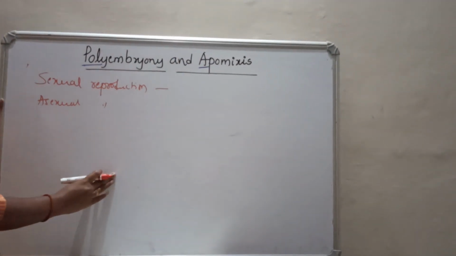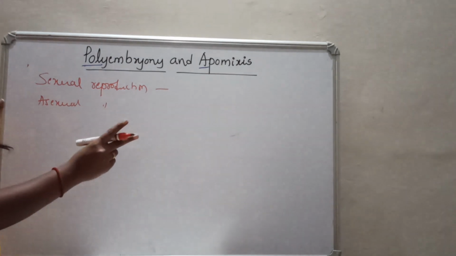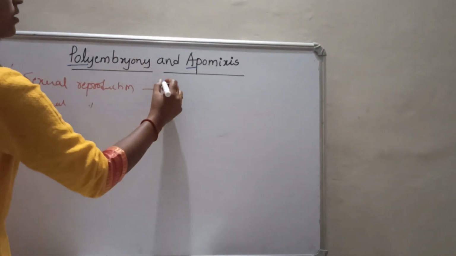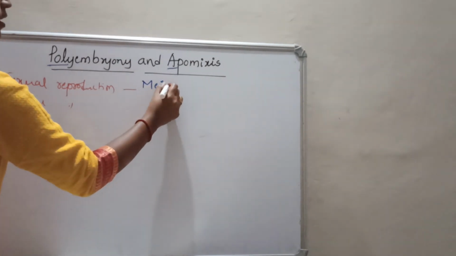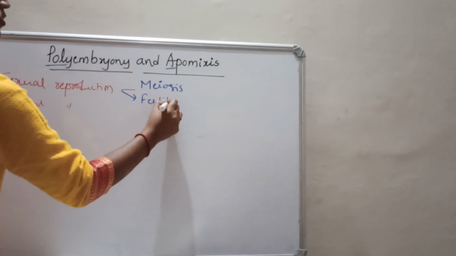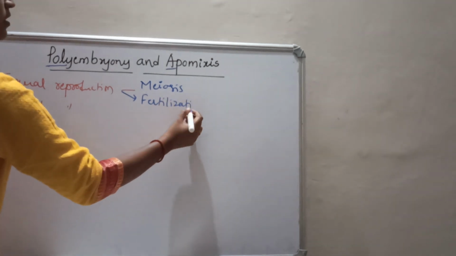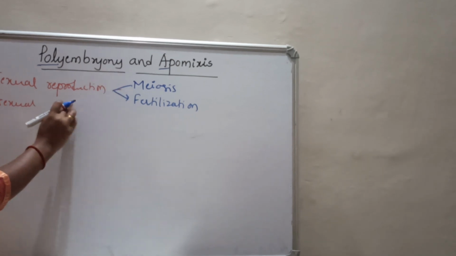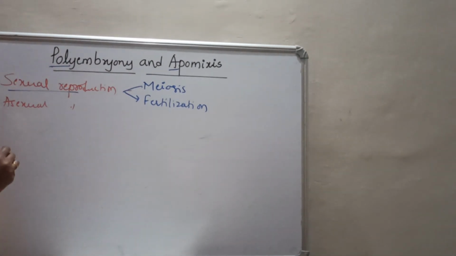In sexual reproduction, two important processes take place. Those are meiosis, and the second one is fertilization.